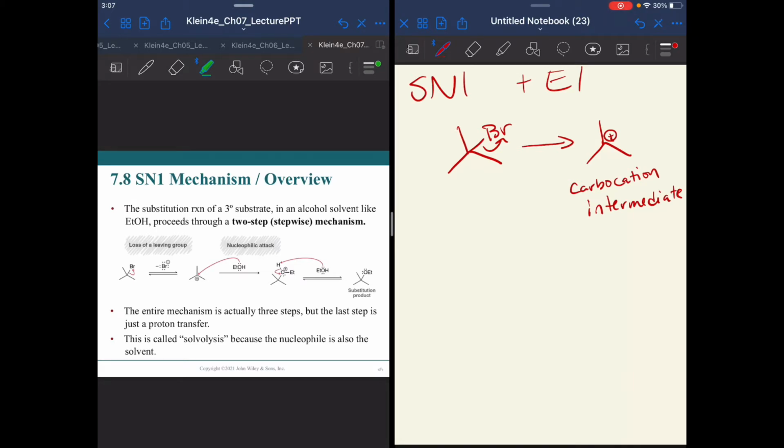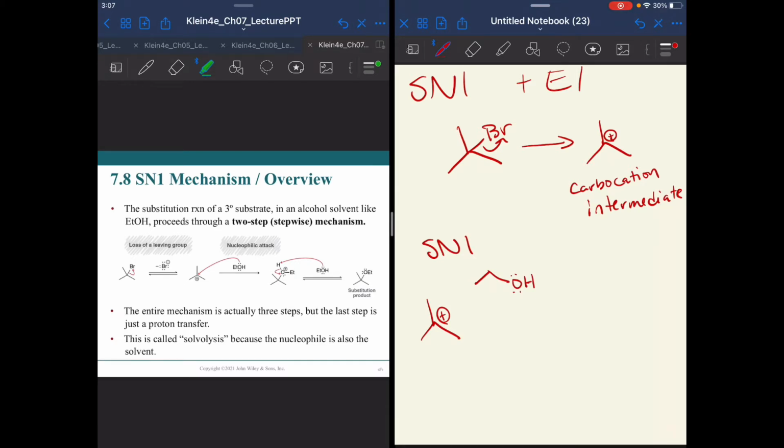If we want to look specifically at the SN1 mechanism, and then we'll look at the E1 mechanism. The SN1 mechanism starts off, or the difference is, once you have your carbocation, now that is a much stronger electrophile. So this is our ethanol.